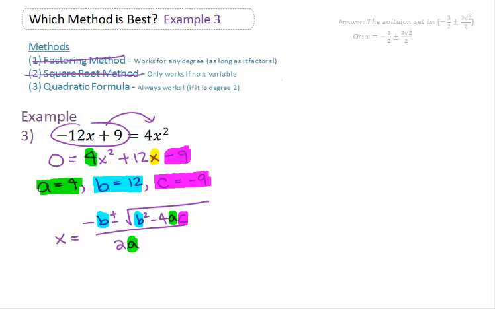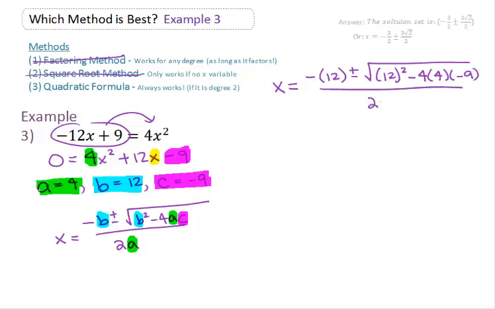So plugging it in, I have x equals negative, my b value is 12, plus or minus square root, my b is 12 squared, minus 4 times my a value, which is 4, times my c value, which is negative 9, all over 2 times my a value, which is 4. So we get x is equal to negative 12 plus or minus the square root of 12 squared gives you 144.